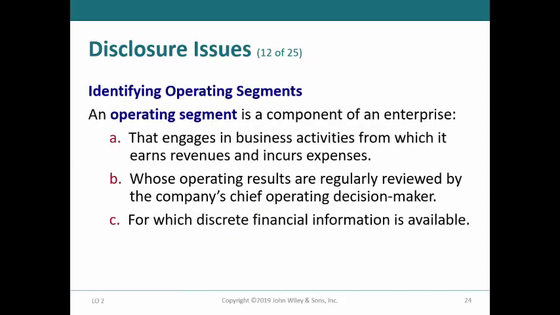An operating segment would be one that earns both revenues and incurs expenses, has its operating results regularly reviewed by the Chief Operating Executive, and for which discrete information is available. Thus, a segment that only provides services to other operating divisions would not be an identifiable segment because it would not earn both revenues and expenses.